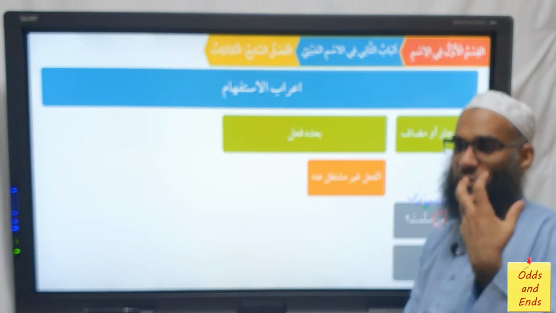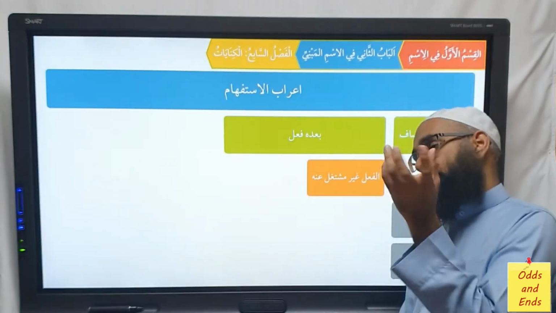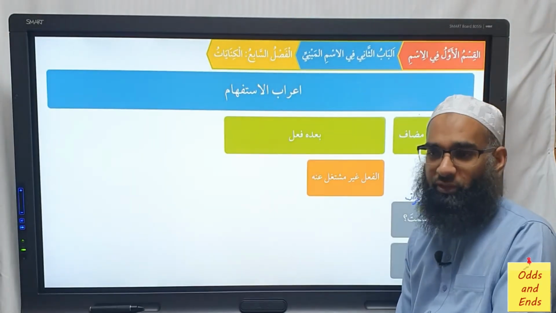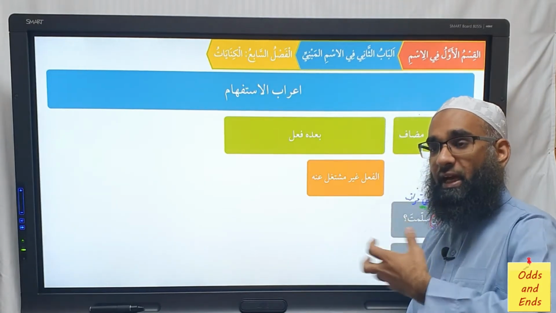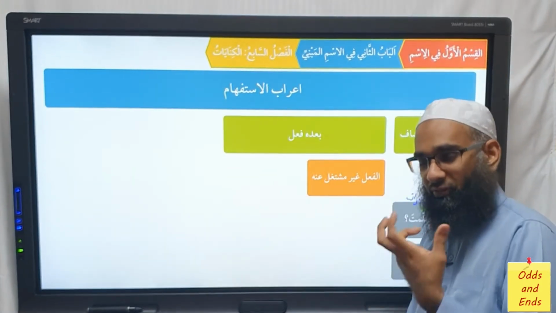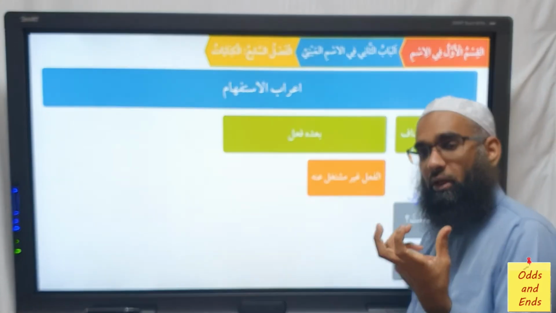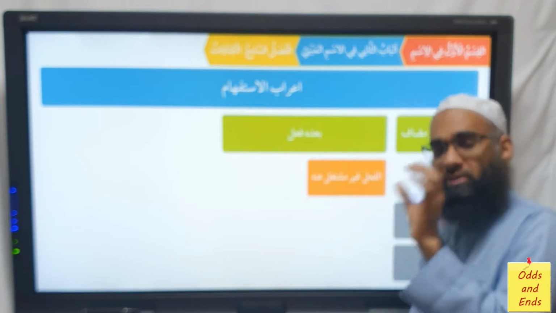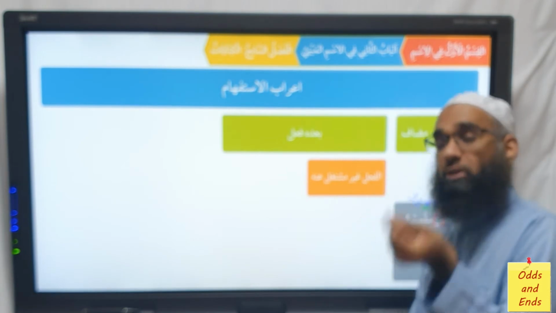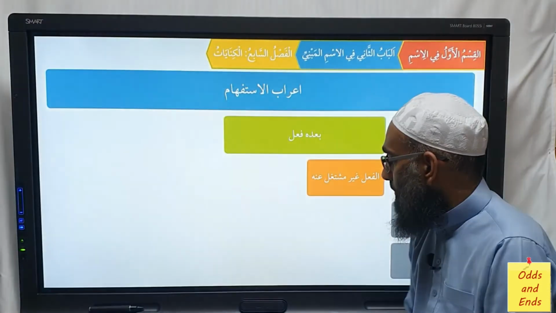This term and this concept has already come in ما أضمن عامله على شريط التفسير, also known as اشتغال, where the fa'il cannot do amal on that verb, on that noun, because the fa'il is already doing amal on the pronoun of that very same verb.